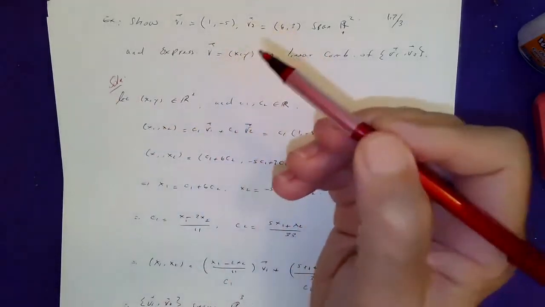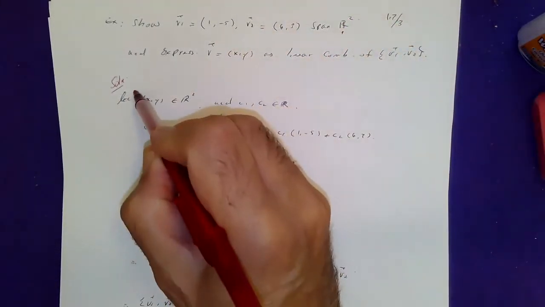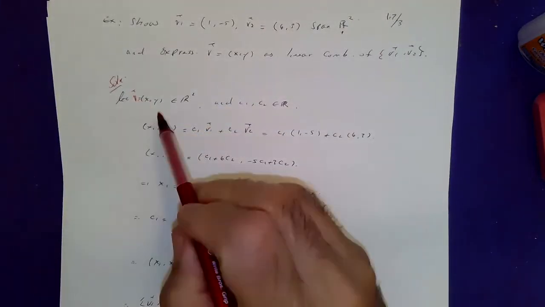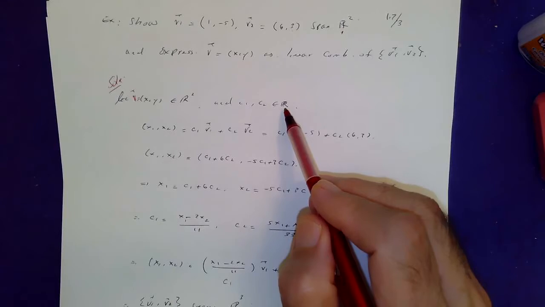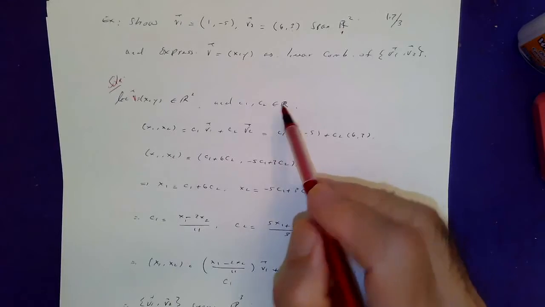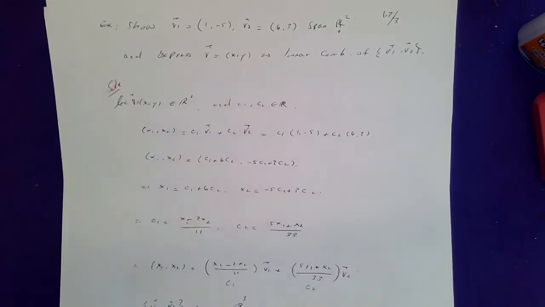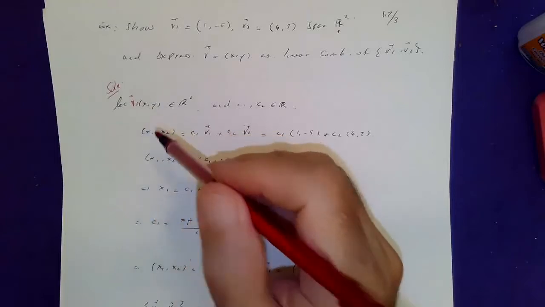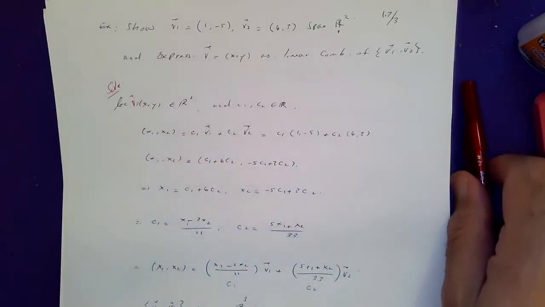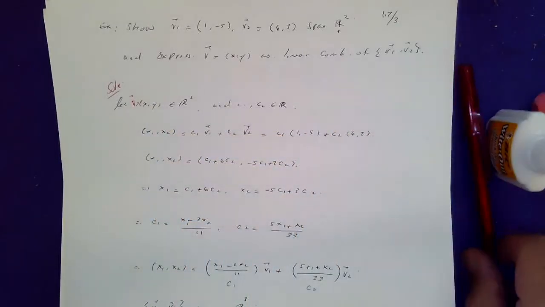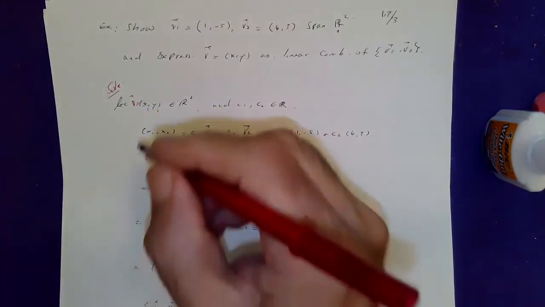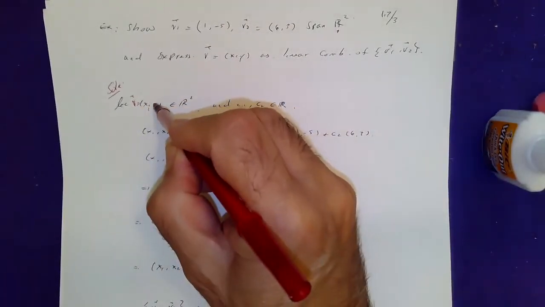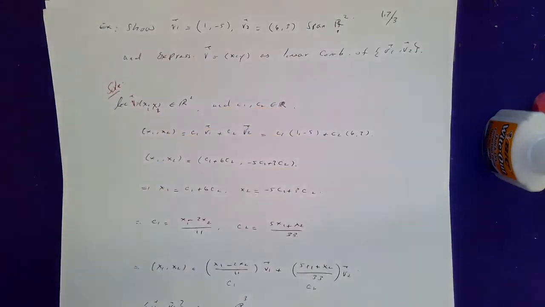Let x, y be in R2. In other words, let's call this vector V, any random vector in R2, and C1, C2 be real numbers. Question is, can I express this vector, let's call it x1, x2, just to be consistent with the rest of the solution.